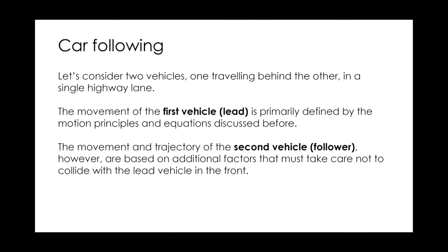Because that's how it usually works in reality. If you are the follower, you try to keep a safe distance. At the same time, you try to go with the speed that is possible, of course, equal or smaller than the speed limit. But you don't want to crash into the lead vehicle. So that crash avoidance, that safety distance that I just touched on, is a very important factor in car following models.